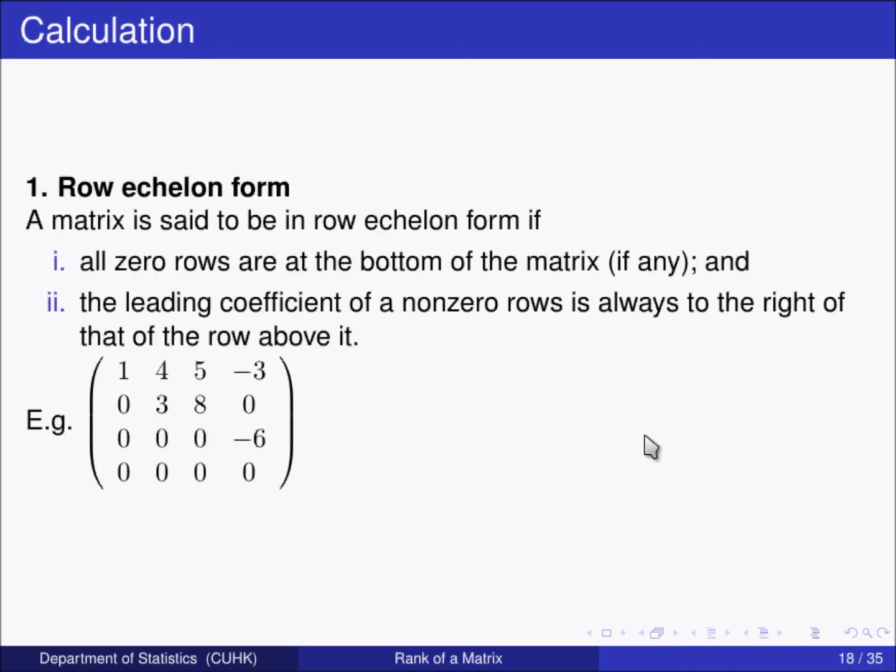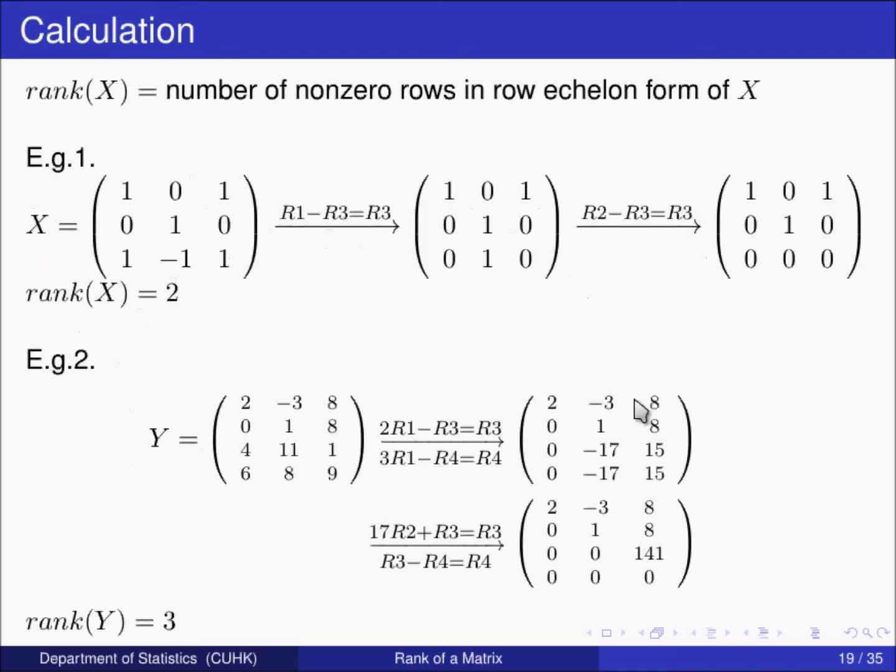A matrix is said to be in row echelon form if all 0 rows are at the bottom of the matrix, and the leading coefficient of a non-zero row is always to the right of the leading coefficient of the row above it. This is an example of a matrix in row echelon form. Now rank of X can be found by transforming X to its row echelon form and counting the number of non-zero rows. Here are some examples.